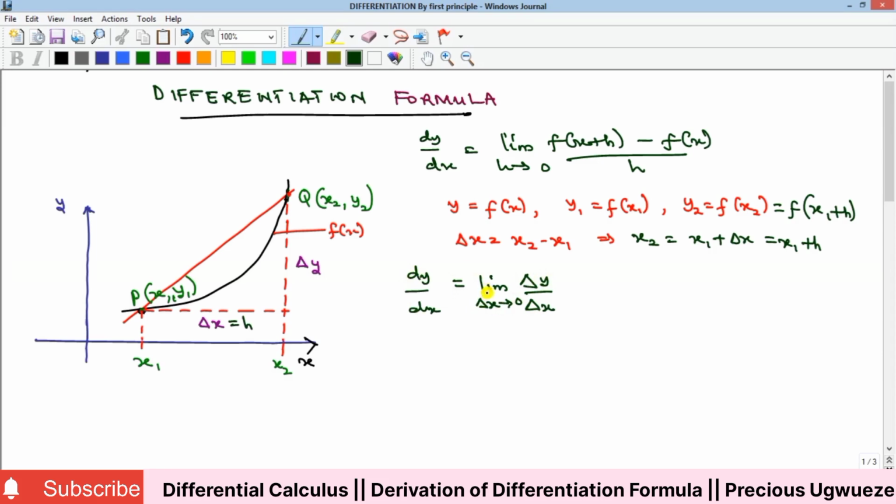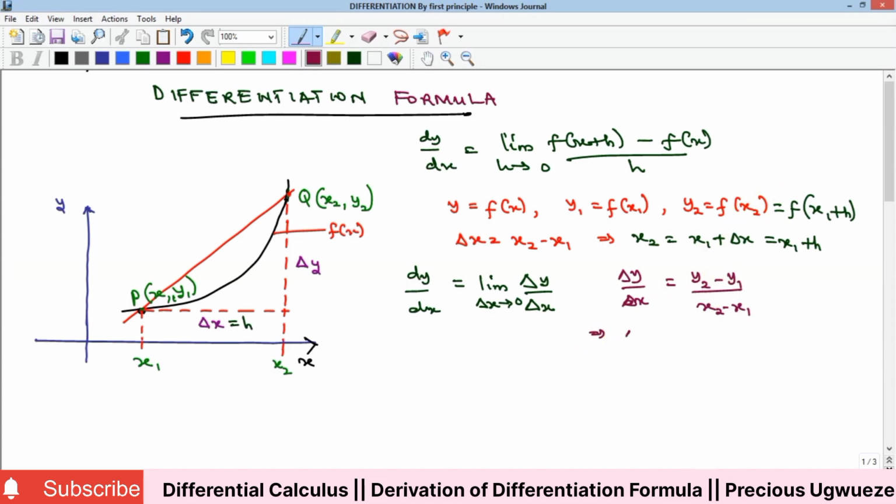So what is the gradient of a function? We know that change in y over change in x is equal to y2 minus y1 all over x2 minus x1. And from what we have here, we can make some substitutions.